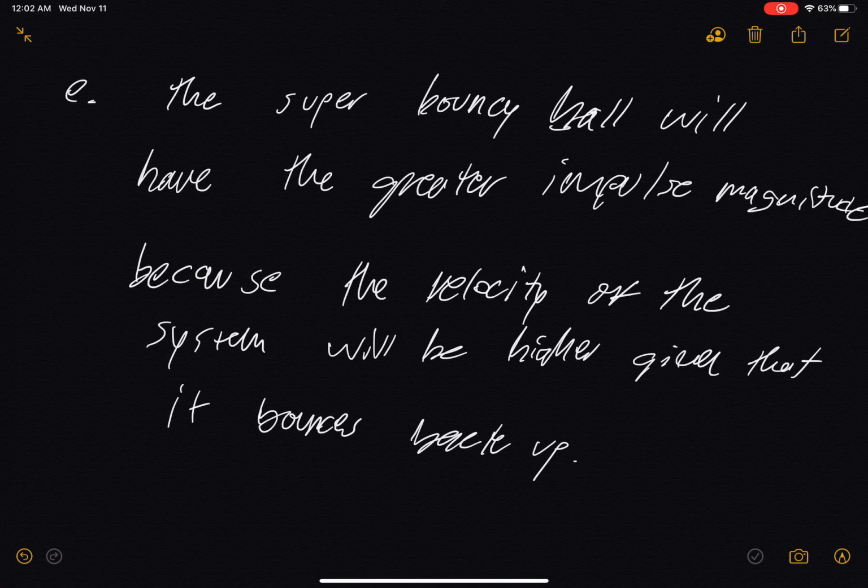As the clay ball sticks, it doesn't have an upwards velocity, whereas the super bouncy ball bounces up with a pretty high speed. This will affect the change in velocity of the system, and if that is higher, we can expect the impulse of the super bouncy ball to be higher.